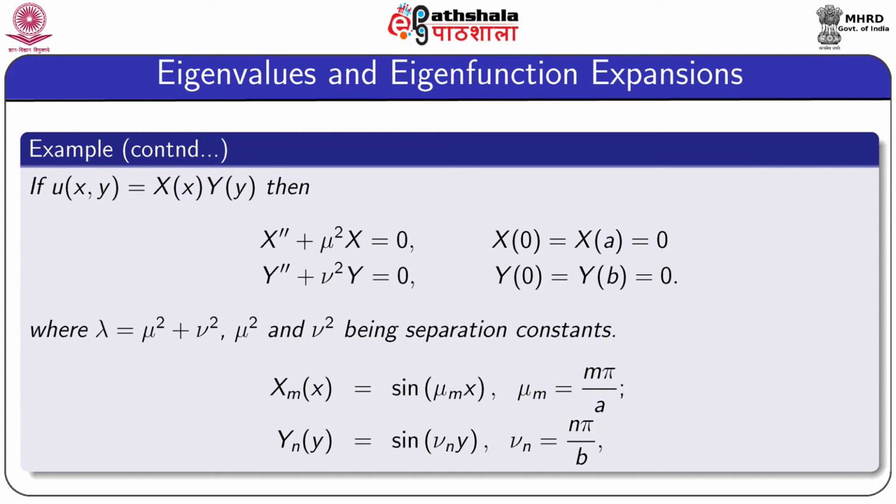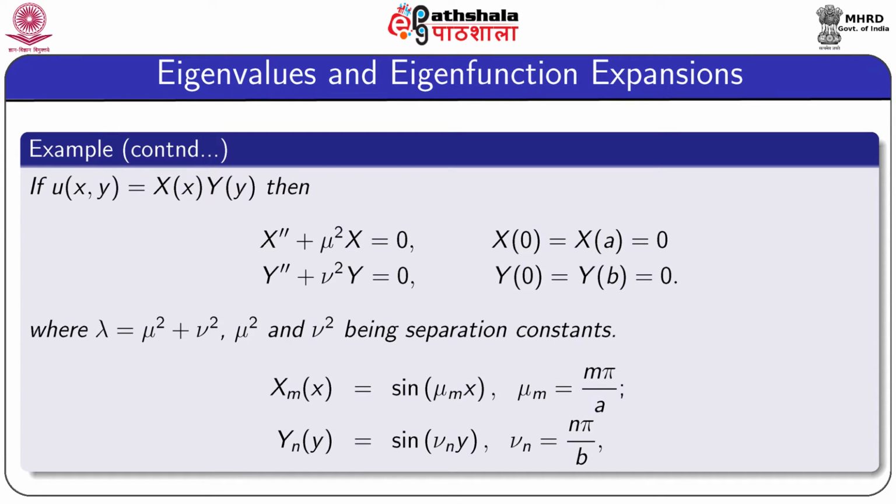And if we apply the boundary conditions, it gives the value of capital X at 0 and a equal to 0, and the value of capital Y at 0 and b equal to 0. There is a relation between lambda and the separation constants mu square and nu square, which is given by lambda equals mu square plus nu square.